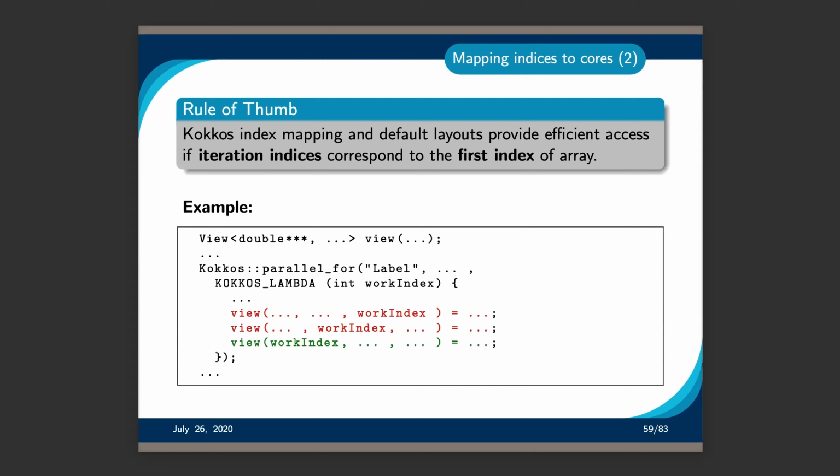And that's what LayoutLeft and LayoutRight do, assuming we have a fitting scheduling. The rule of thumb in Kokkos is that the way we do index mapping to execution resources from our parallel_for and our default layouts work is that if you parallelize over the leftmost index, you get caching on CPUs.